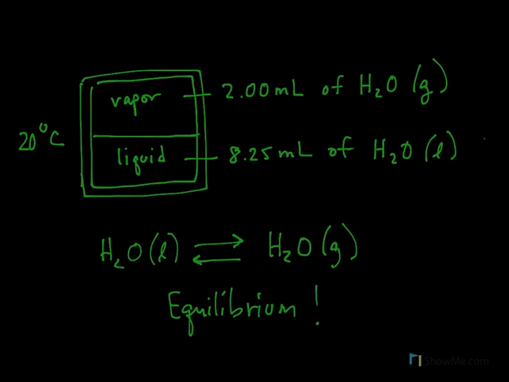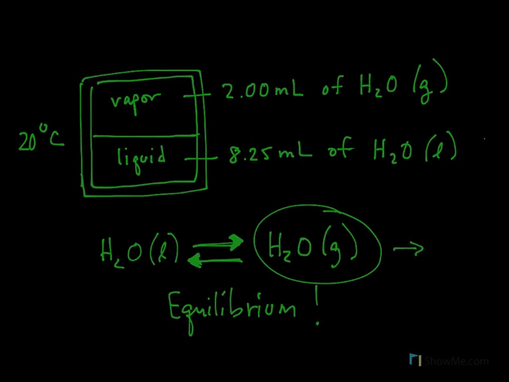And remember, equilibrium means that the forward rate of change is now equal to the reverse rate of change. So since an equilibrium is established, the amount of gas molecules is now at a constant amount, and that can only give a constant amount of vapor pressure.